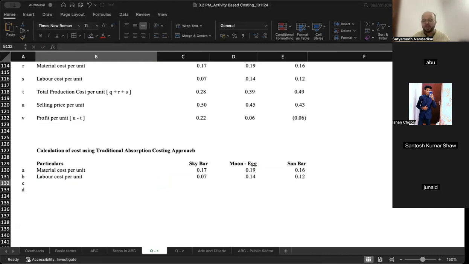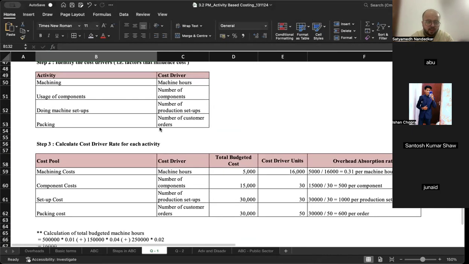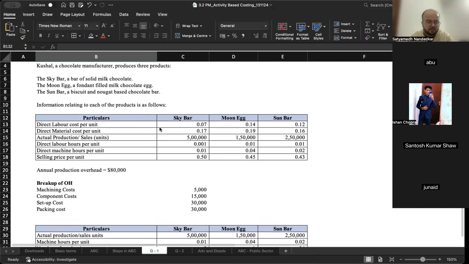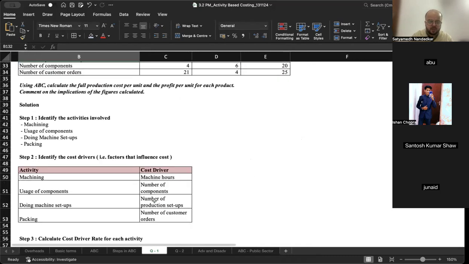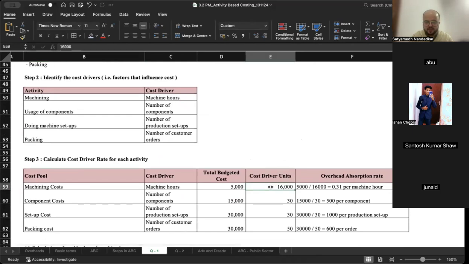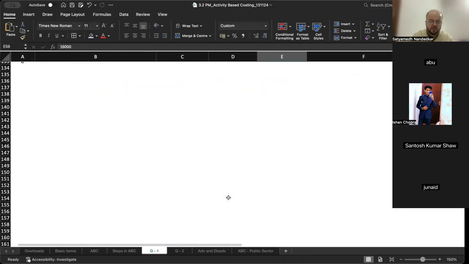Basically, we could use machine hours as the basis for everything. Here, my annual production overheads was 80,000. Because all of these are manufactured in a machine, we could take the total machine hours as the basis. So what are the total machine hours? 16,000.